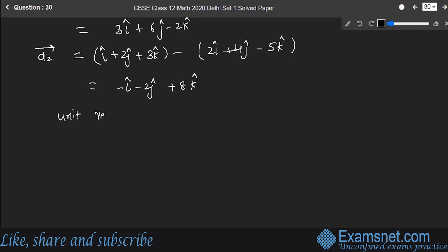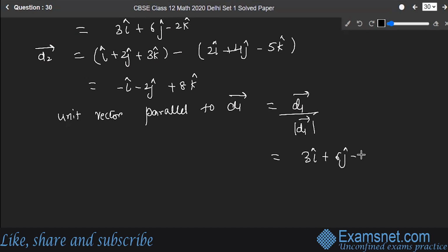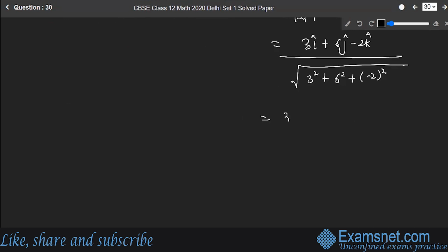Now, unit vector parallel to D1 will be given by the D1 vector divided by the magnitude of D1 vector. So D1 vector was equal to 3i plus 6j minus 2k whole divided by the magnitude, which is given by root of 3 square plus 6 square plus minus 2 square, which is 9 plus 36 plus 4, equal to root of 49.